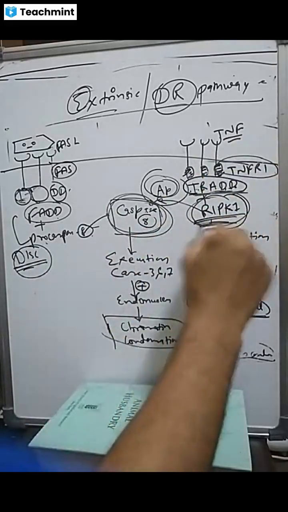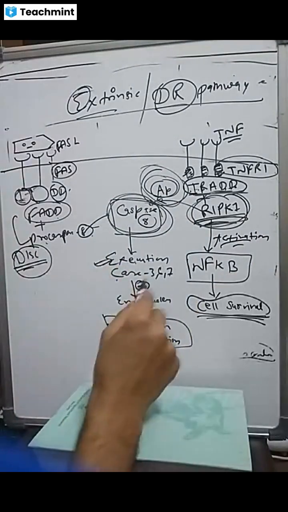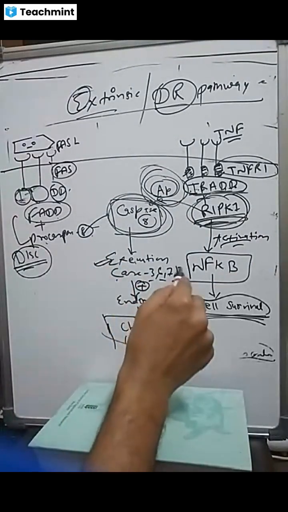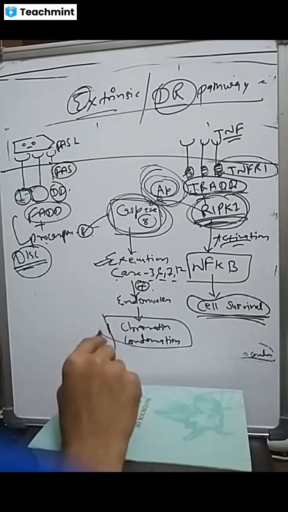Similarly, this side RIPK1 protein either activates apoptosis or the execution caspases 3, 6, 7, and 12. They activate endonuclease and chromatin condensation. So this is the small pathway, the extrinsic pathway.